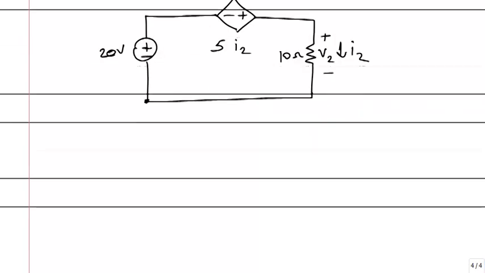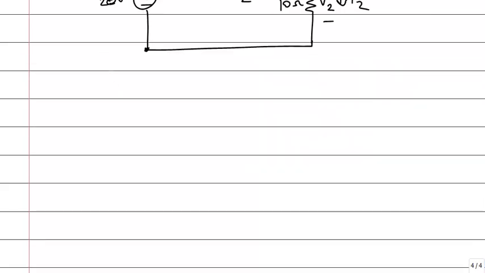What I mean is this: real dependent sources have 4 cables. These two are outputs. The output supplies the voltage, for example, or it can be a voltage source or current source.